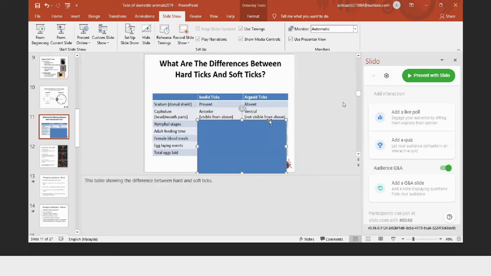Okay, how about the nymph stage? How many nymph stages are present in Ixodid? Only one, yes, thank you. How about Argas? Many, yeah, can be up to 4. Okay. How about the adult feeding time? Which one is longer? Ixodid or Argasid?